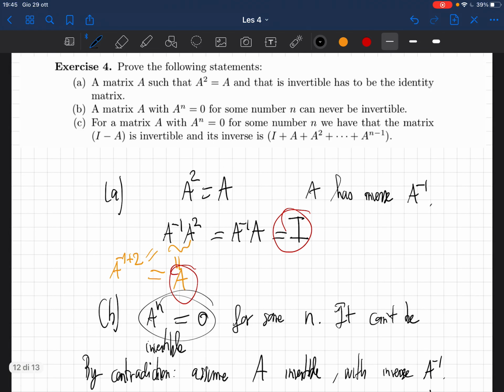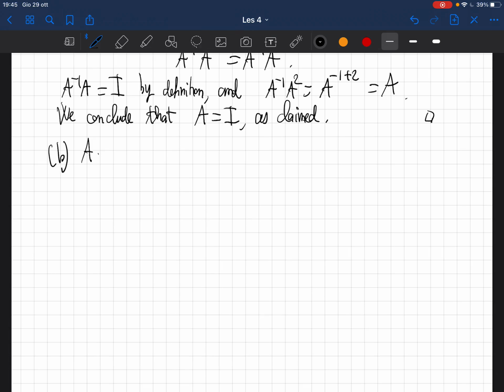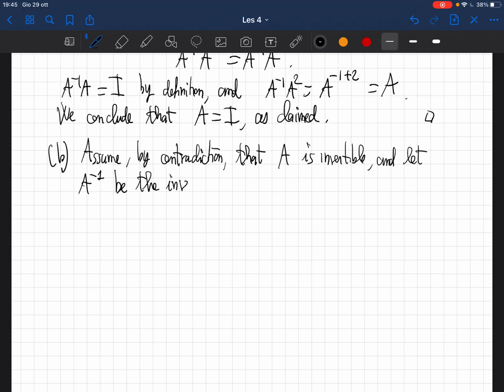The second one, B. Assume by contradiction that A is invertible, and let A minus 1 be the inverse of A.